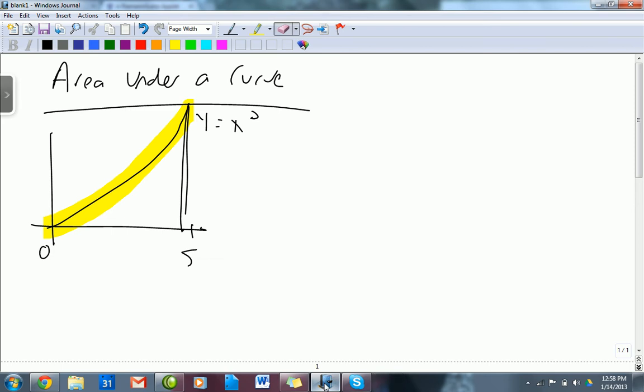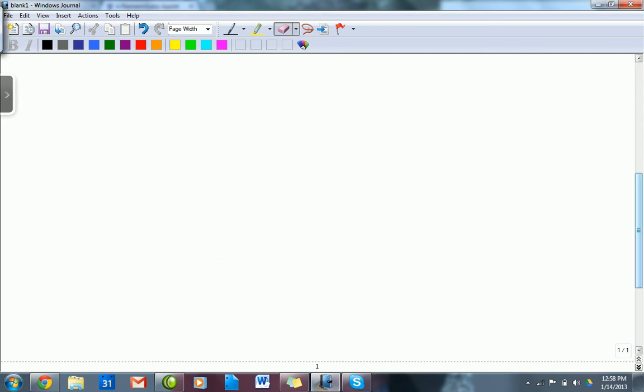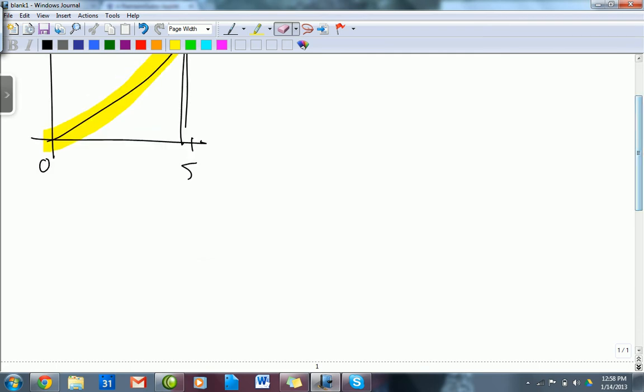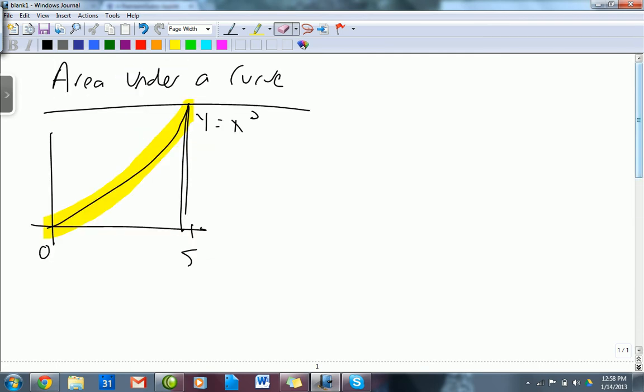So the first thing we want to set up is this limit definition, the infinite Riemann sum definition. Remember, that area, which is a definite integral, in this case 0 to 5 underneath the squared function, is equal to the sum from 1 to n of rectangular areas.